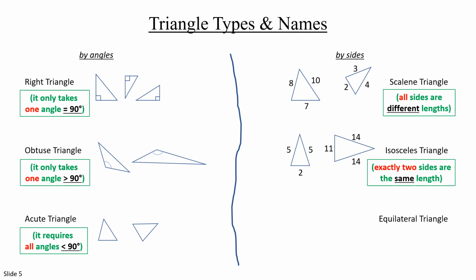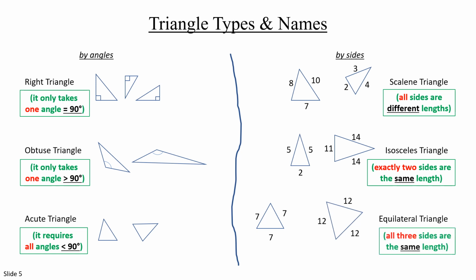Exactly two of the sides are the same length. Only two, exactly two. Equilateral. All the sides are the same length. Equilateral. All the sides are the same length. So we can classify triangles by angles or by sides.